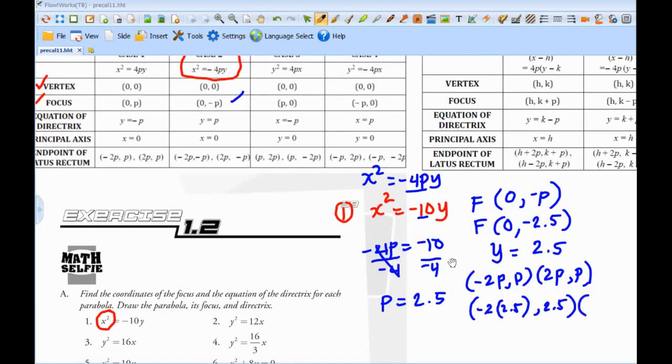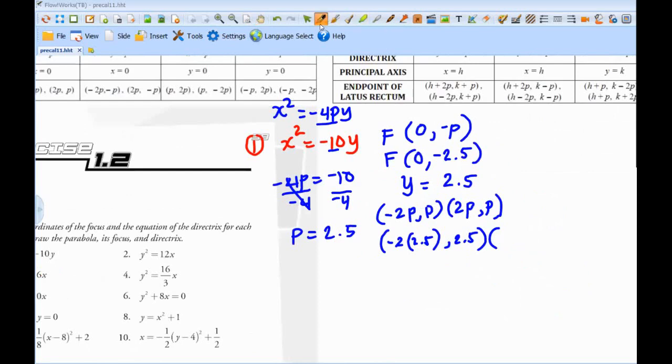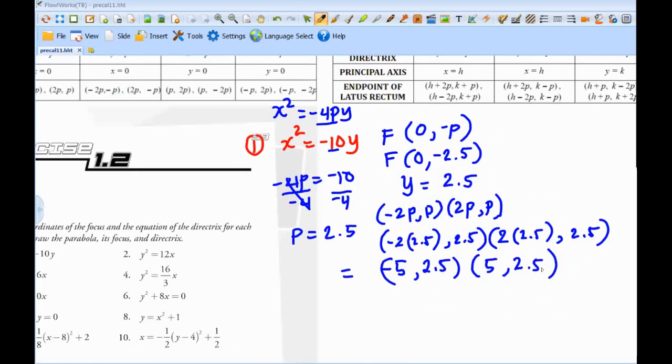Also, we have 2 times 2.5, and the p, which is 2.5. So therefore, we have negative 5 and 2.5, 5 and 2.5.